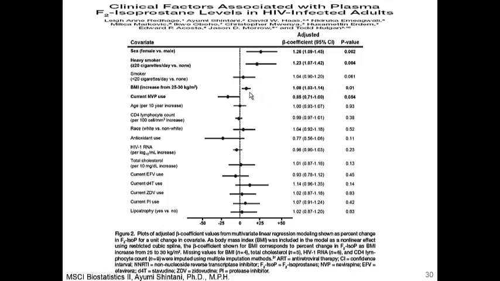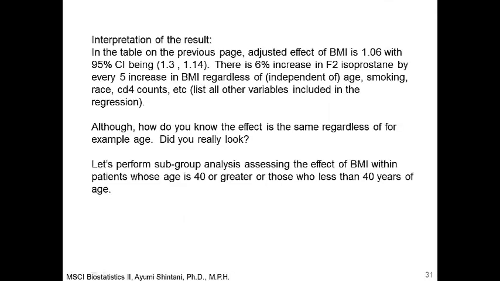And this is adjusted for all other variables. What does adjusted mean? Independent of all other variables. What does independent mean? Regardless of all other variables. We said the effect of BMI is 1.06, a 6% increase in F2 isoprostane for every 5 increase in BMI, regardless of age, smoking, race, CD4 counts.